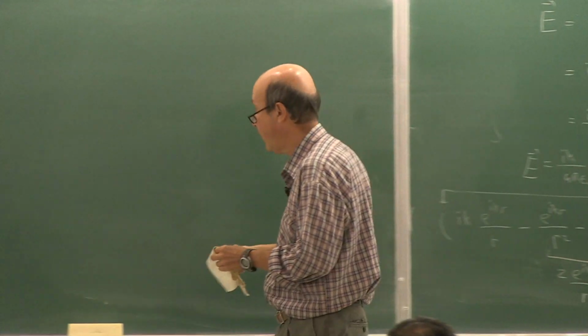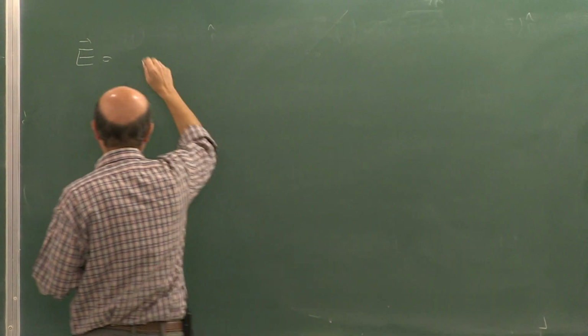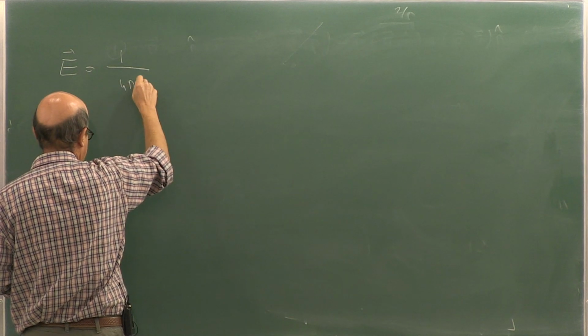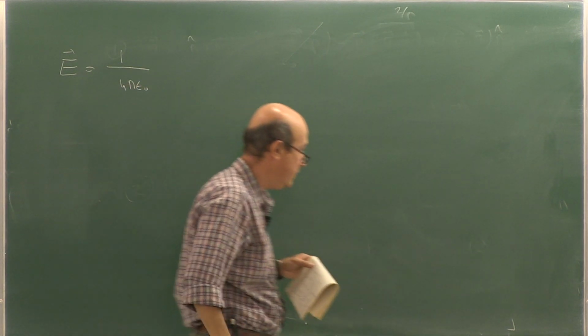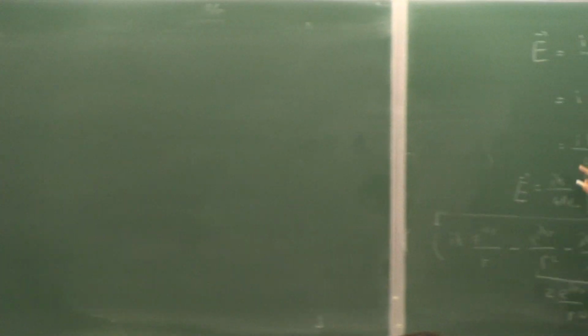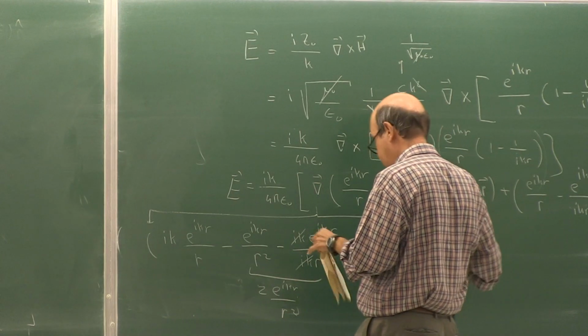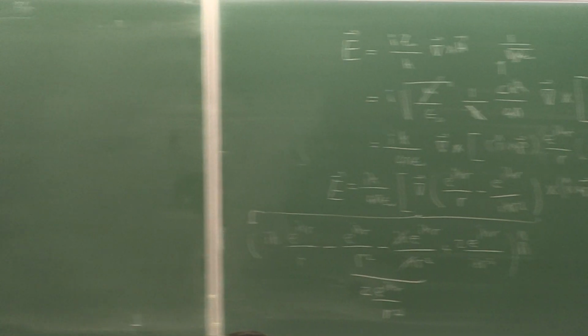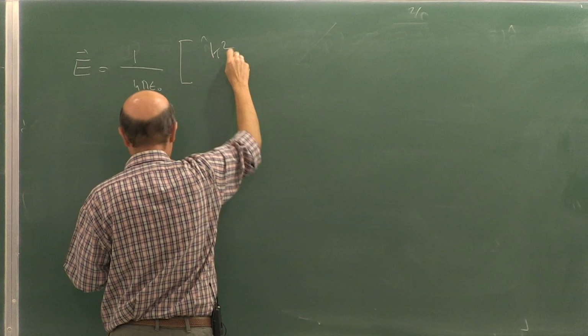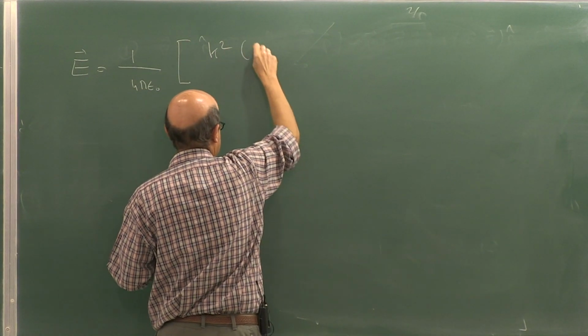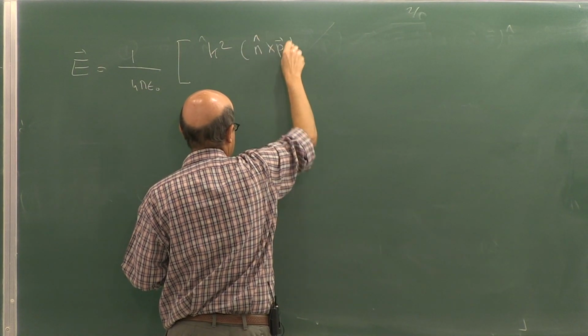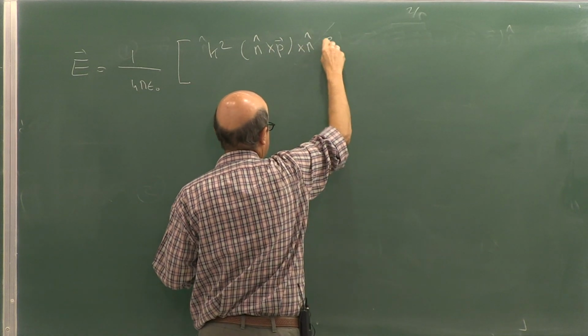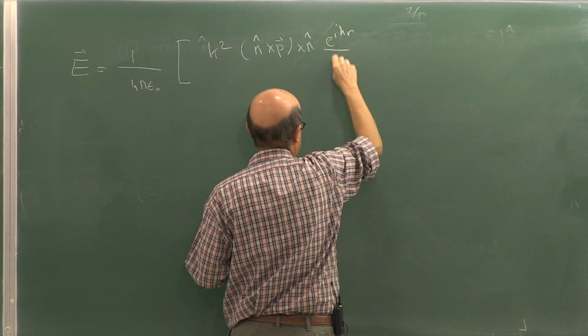So, in the parentheses of 1 over 4 pi epsilon 0, I have k squared n cross p cross n times the spherical wave, e to the ikr over r.